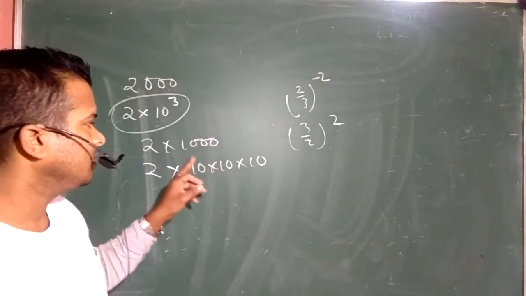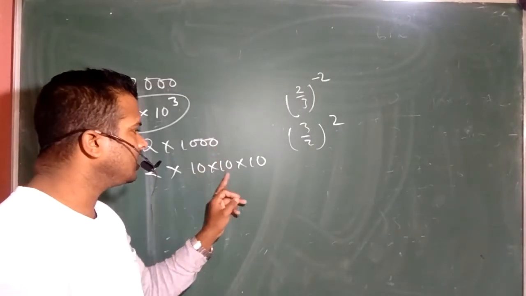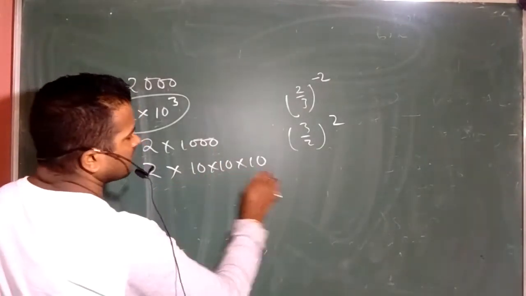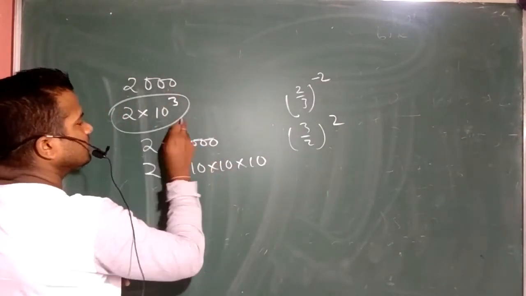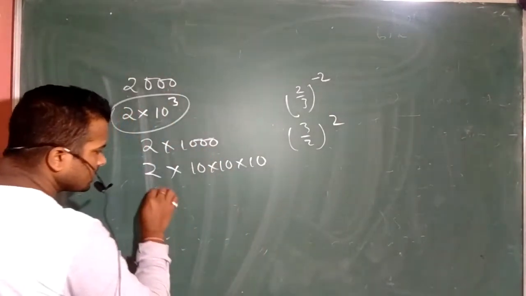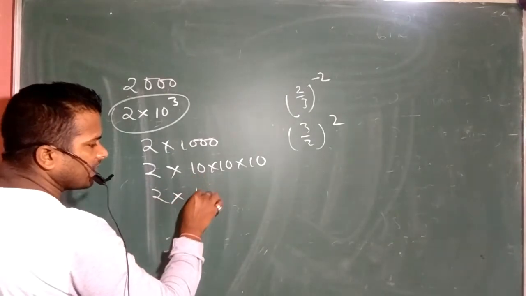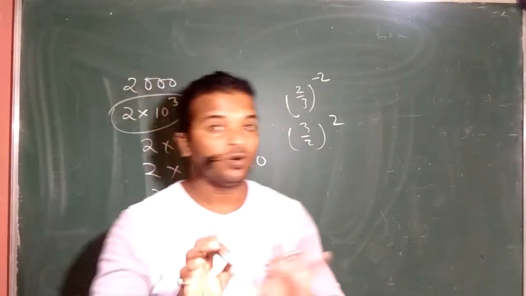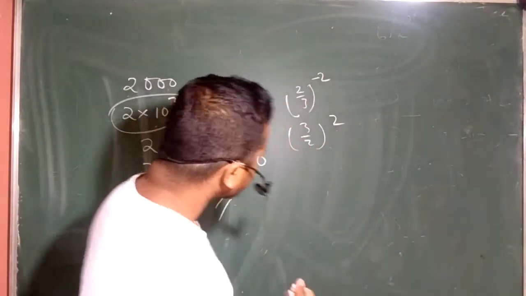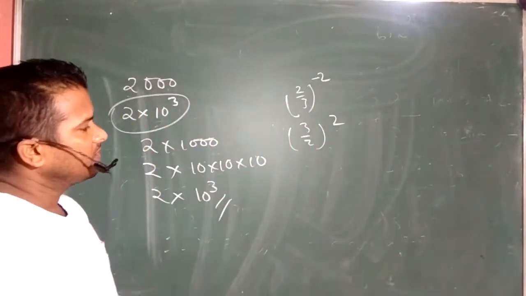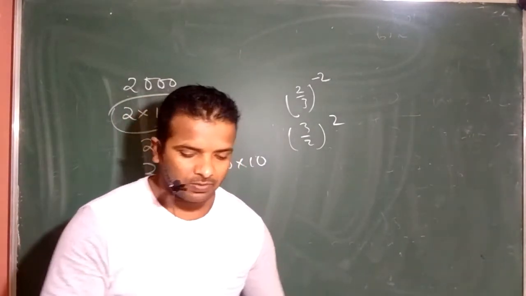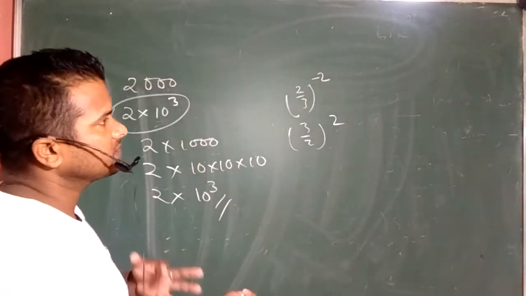Whether you write 1000 this way or 10 into 10 into 10, it is the same, right? Together it is 2000 only. So we write 2 into 10, 10 how many times? 1, 2, 3. So 3. I hope it is clear, right? This way we are going to do this chapter. Now, the other one is the decimal system.